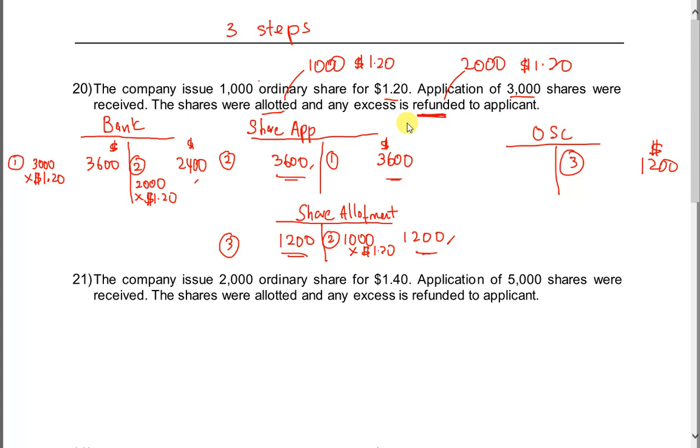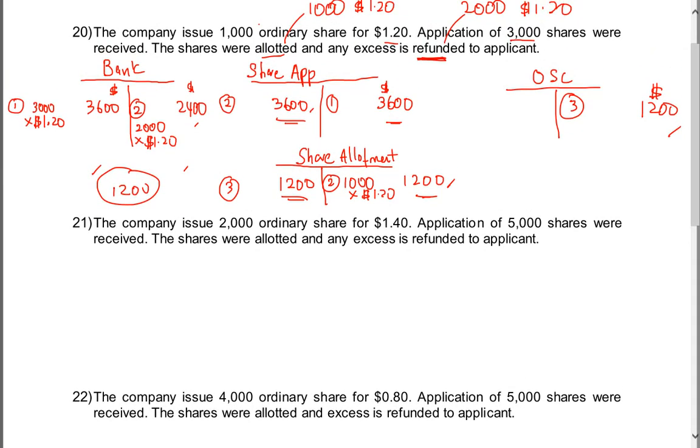From our bank account, 3,006 less 2,004, the net is 1,002 received, and credit ordinary share 1,002. So when I issue 1,000 shares at $1.20, this is how much I get, 1,002. So, 3 steps.